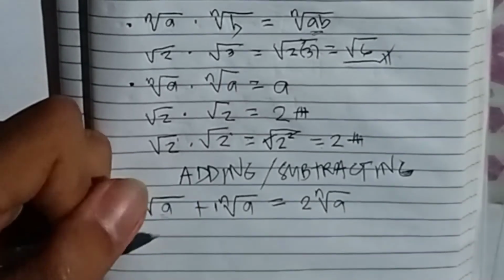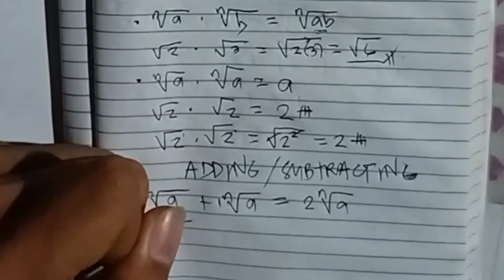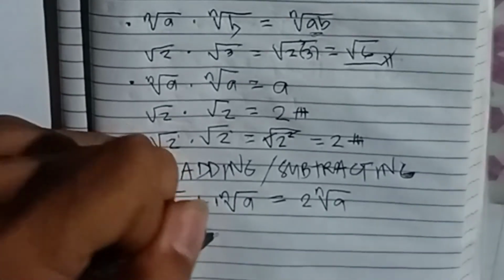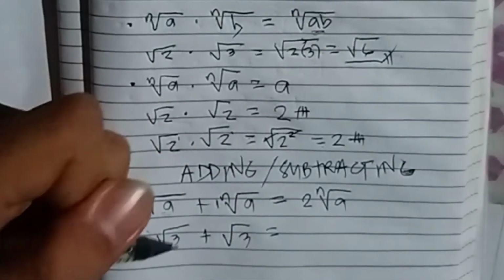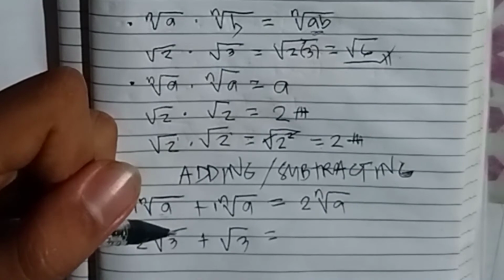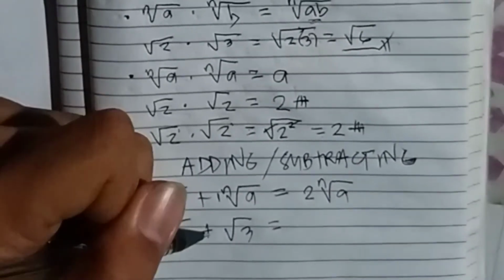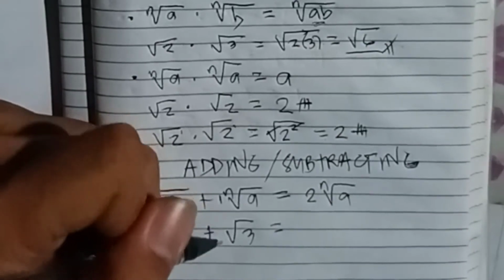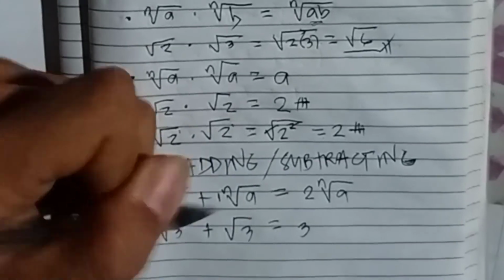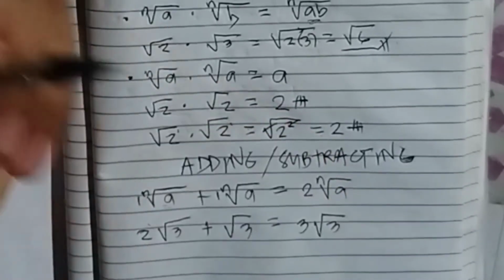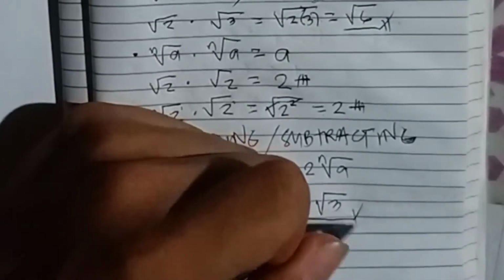So for example, we have 2 square root of 3 plus square root of 3, then i-add natin yung numerical coefficient outside ng radical sign natin. So if we have 2 plus 1, this is equal to 3, then copy lang natin yung radical part, which is square root of 3. So yung answer natin is 3 square root of 3.